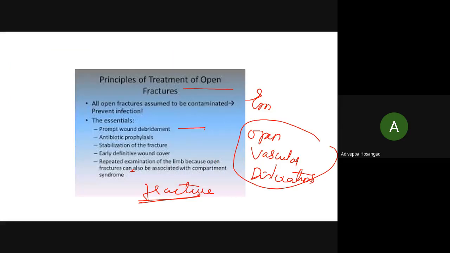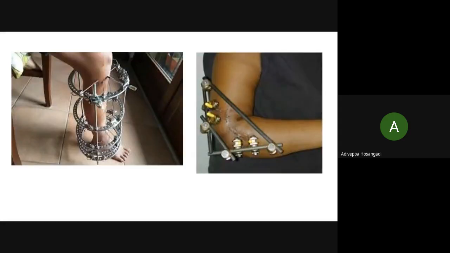Okay, so one example I wanted to show. Open fracture tibia: once you have debrided and started antibiotics, you apply an external fixator. Whatever rods and plates are used are all used on the outside surface of the skin. External fixators again are of two types: the ring fixator, this is the ring fixator, and the tubular fixator.